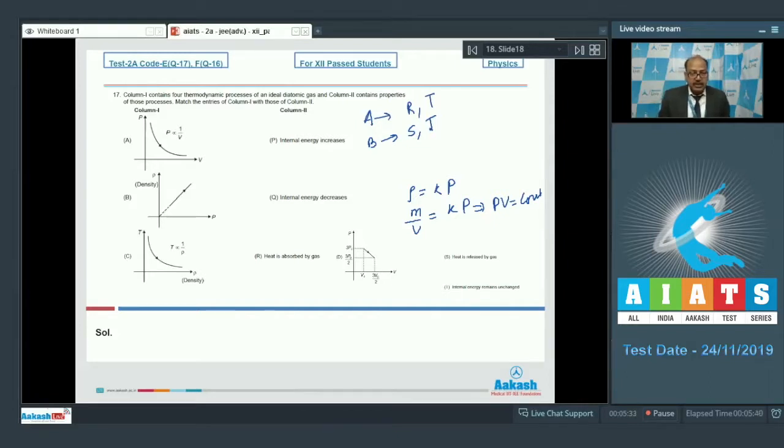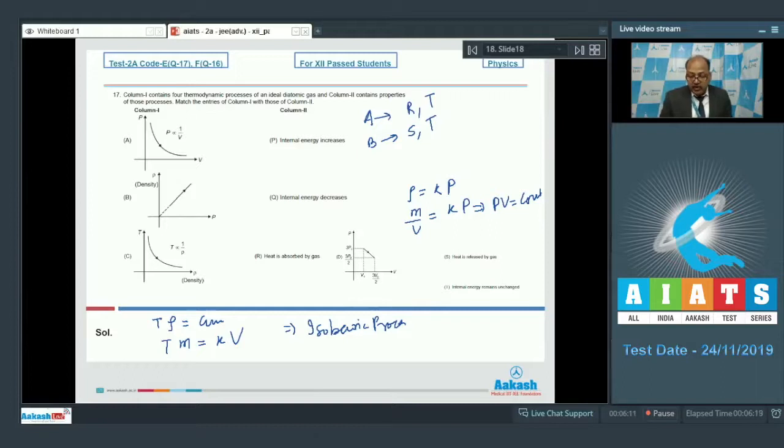Let's look at C now. For C, we are given T into rho is a constant. T is proportional to 1 by rho. That means T into rho is a constant. Or T into mass by volume is constant, which means T into mass is proportional to volume, which means it's an isobaric process. So C is isobaric process in which density is increasing.